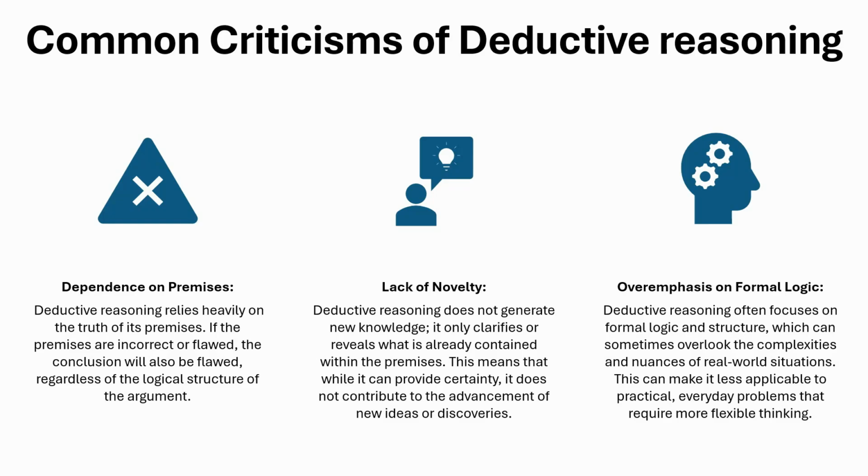That means that while we can have some certainty about what's been said, it doesn't contribute to the advancement of new ideas or discoveries. The structure in itself, which focuses on formal logic, can sometimes overlook the complexities and nuances of real-world situations. It overly simplifies the summary of a situation, and that doesn't always sit well with people.